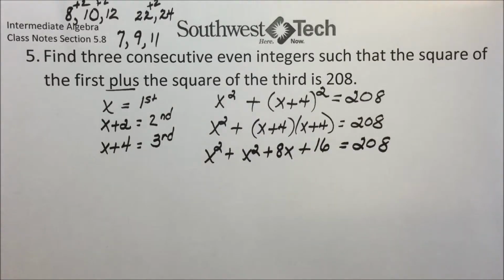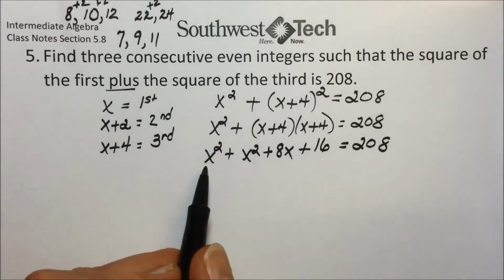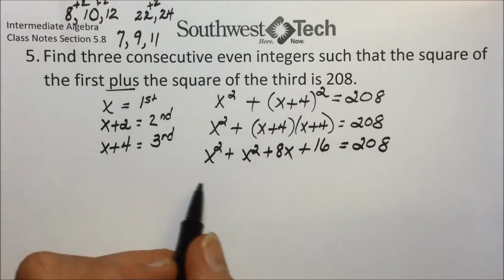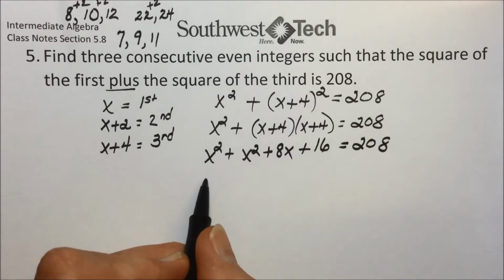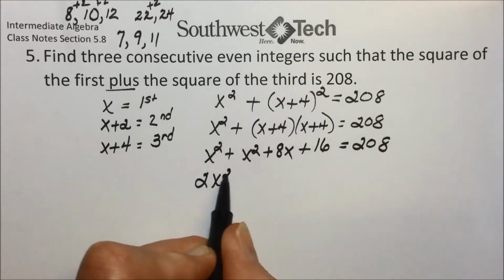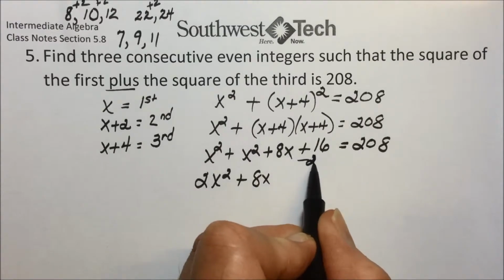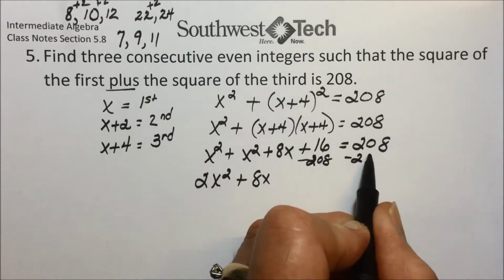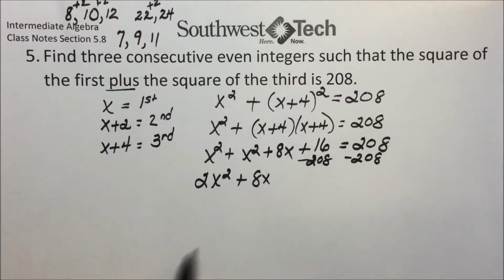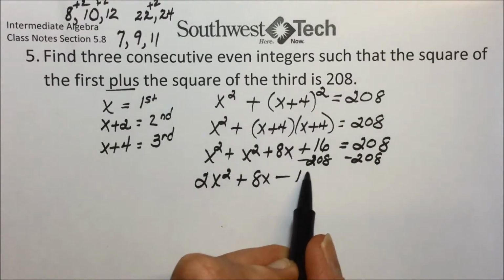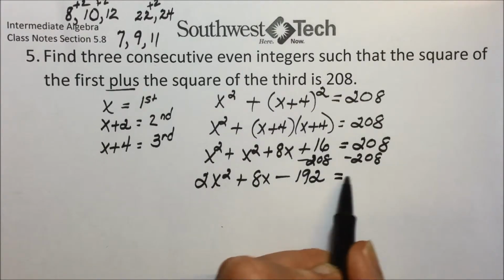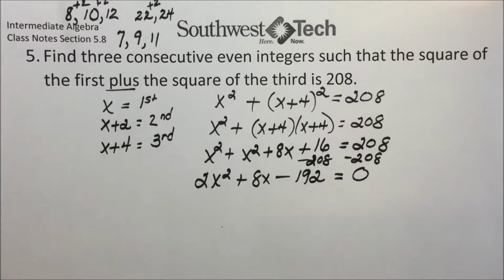We have the makings of a quadratic equation. To solve this equation, we need it in standard form. That means the 208 needs to come to the left. And we have some combining of like terms. X squared plus another x squared make 2x squared, plus the 8x, and subtracting a 208 from each side ends up leaving us with negative 192 is equal to 0.